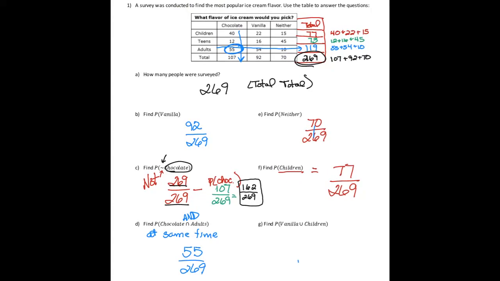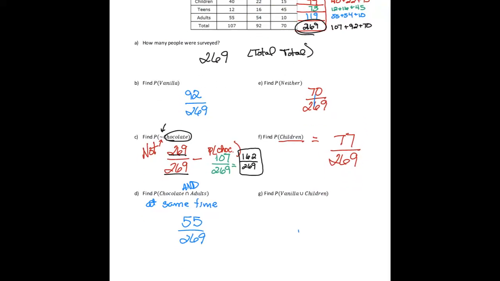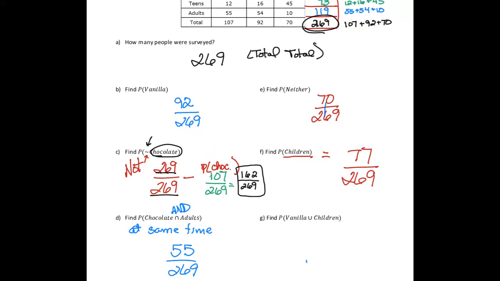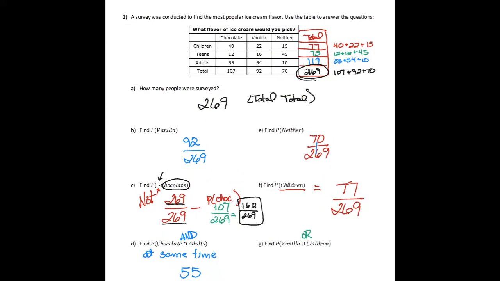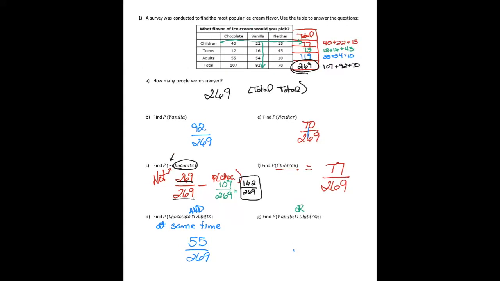Okay, so an and statement, at the same time. All right, here's probably the hardest type. So I'm going to erase this. Vanilla or children. Here's vanilla. Here's all my children. Ooh, that was a soap opera, wasn't it? All my children. All right, so I need all vanilla. This is or. We want as many as we can get. It's a union. So vanilla, which is 92. This is just the numerator.